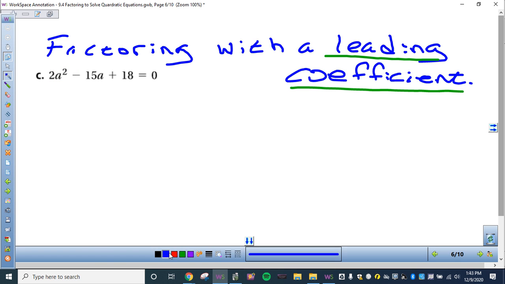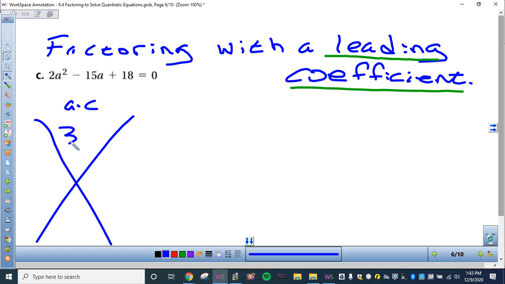So we're going to go ahead and do our full Indian method this time. So A times C up top, which is 36. B on the bottom, which in this case is -15. Realize that C is positive again. So when C is positive, we're adding the factors. Because B is negative, they're both going to be negative.